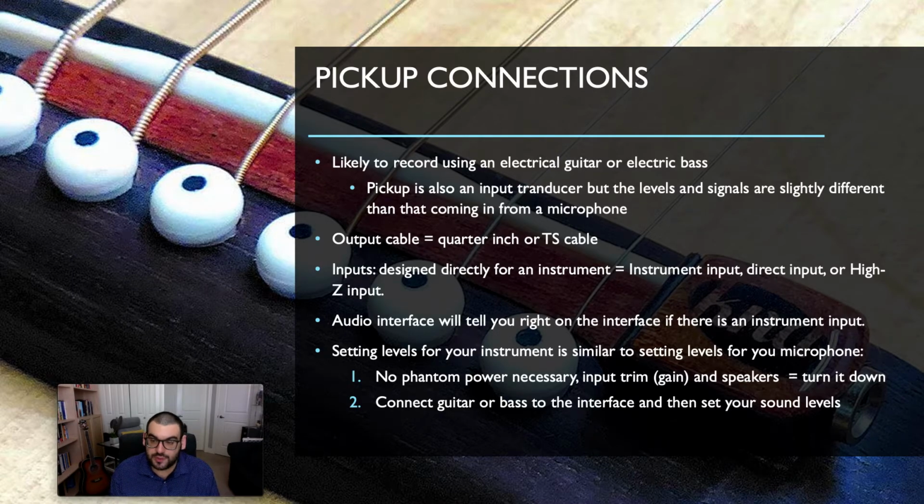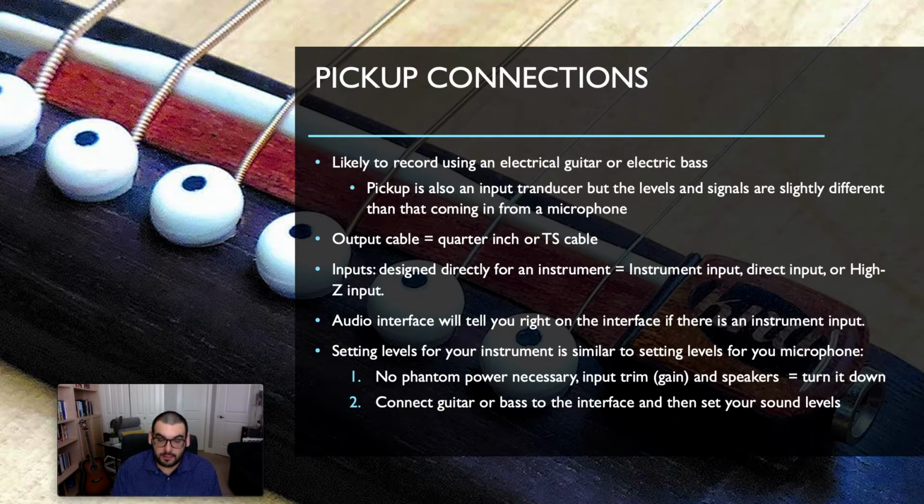Okay, these are instrument inputs that have direct input or high Z input. That's what we call them, high Z inputs. The audio interface will tell you right on the interface if there's an instrument input. So you'll see under the input, the actual hole in the interface, it'll say for instrument or for microphone.